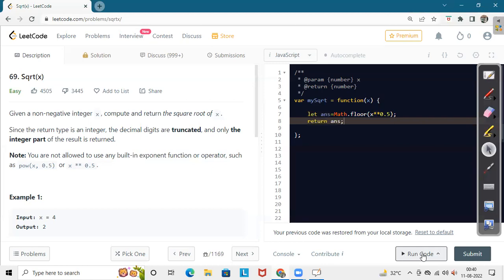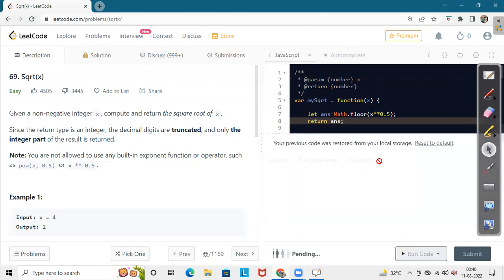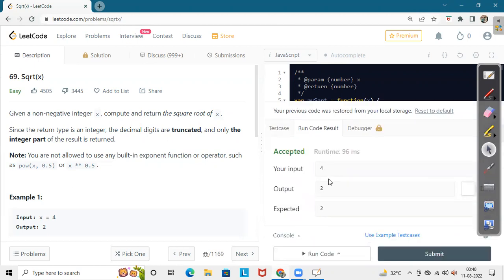Let us check. It is running. Accepted. For the input 4, our output is 2 and the expected output is also 2. So we achieved the answer.